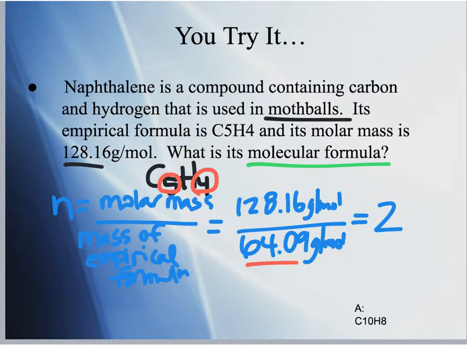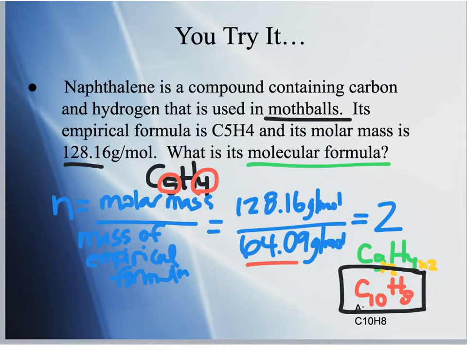Okay, so our n factor is 2. So we are going to take our C5H4 and multiply each of these subscripts by 2. So 5 times 2 is 10, 4 times 2 is 8. So naphthalene's molecular formula is C10H8. And that's how that works.